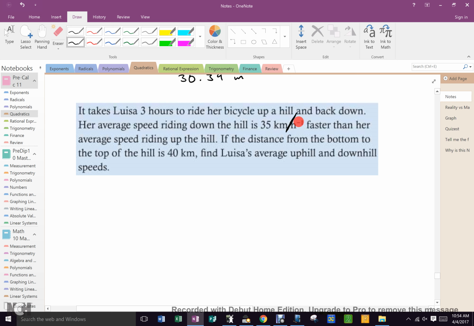Sorry about the -1. I think that's actually 3.5 kilometers an hour. I mean, it's there. 3.5 kilometers an hour downhill. She's not riding very fast. Not a very big hill.